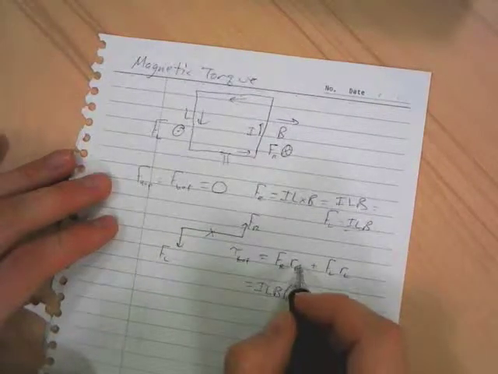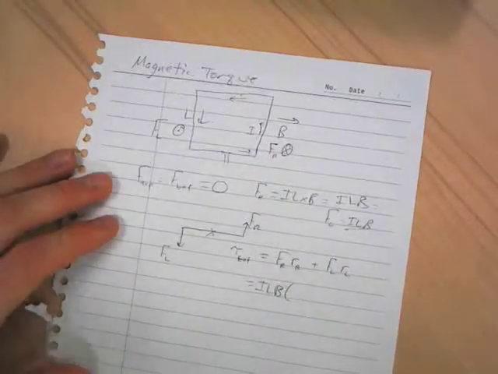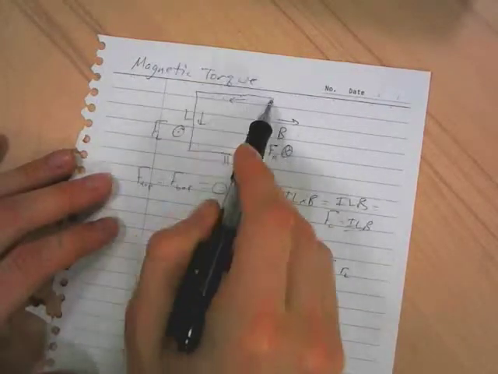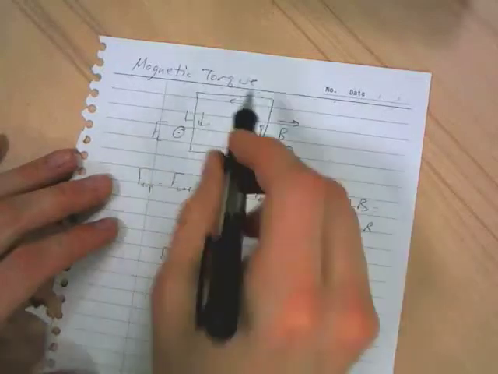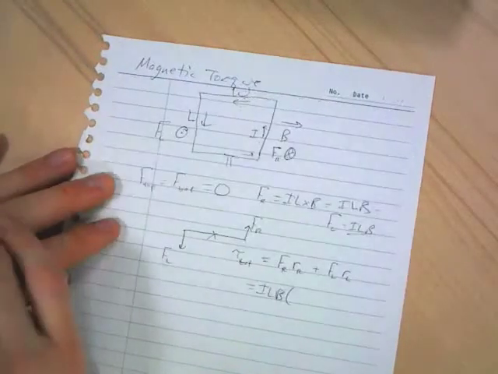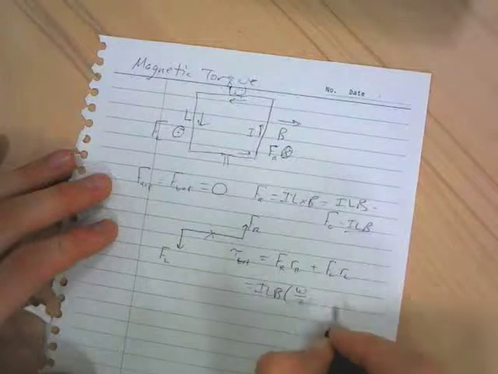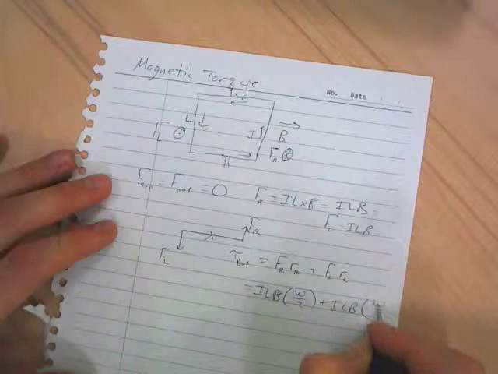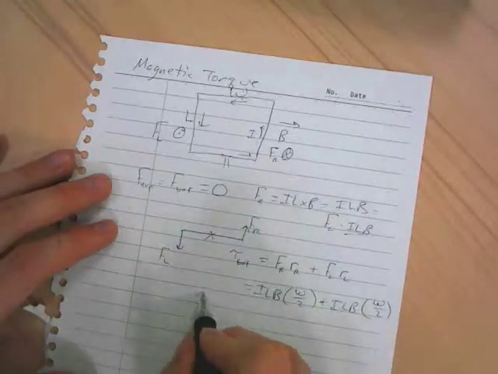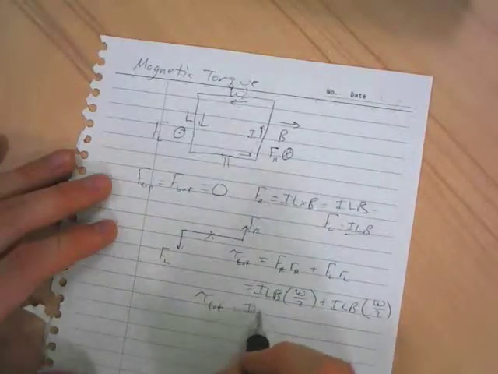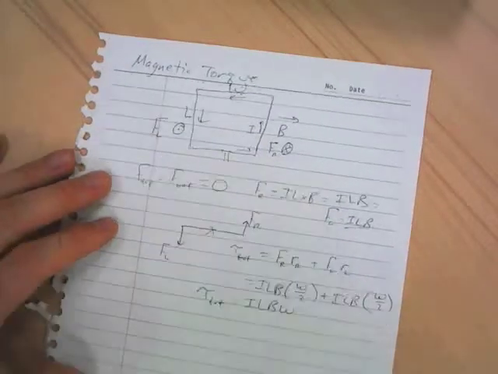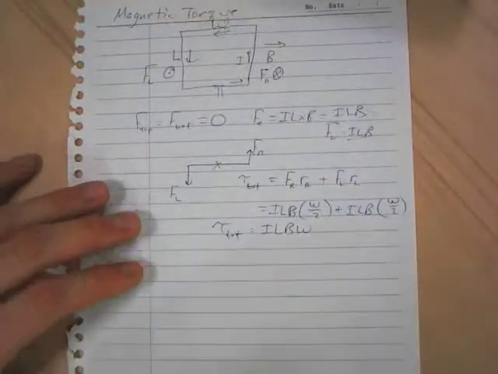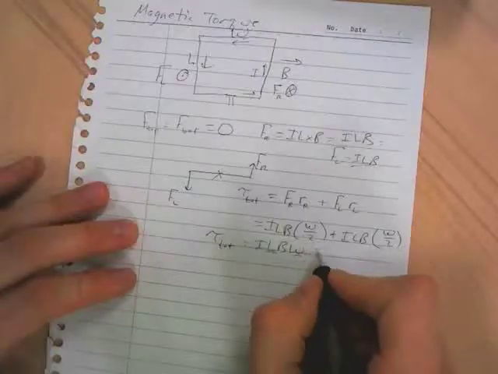Actually, I'm going to say this is a rectangle, so this is our length, and that can be a width, and then that's times width over 2. The distance is width over 2, because it's halfway along that top width, and so the total torque acting on this loop in the B field is ILBW, because if you add together 2 halves, you get a 1, right? Well, this length times width is just an area.